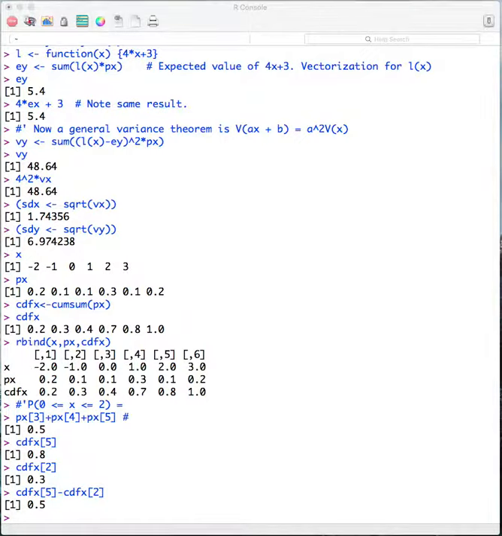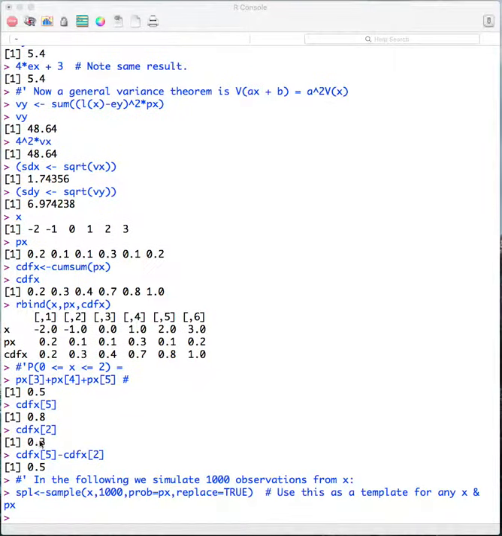One other thing I'd just like to show you: if you have a discrete random variable with a finite number of values, you can actually simulate observations from this distribution. And what we use is the sample function. So in this case, SPL is the name of the vector we get.